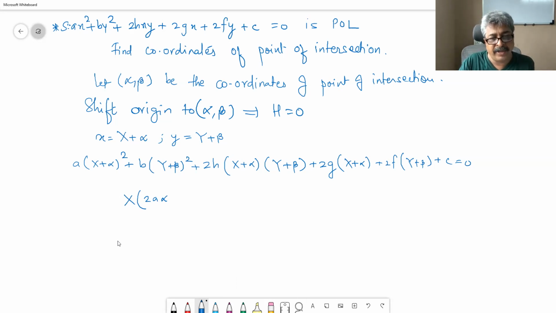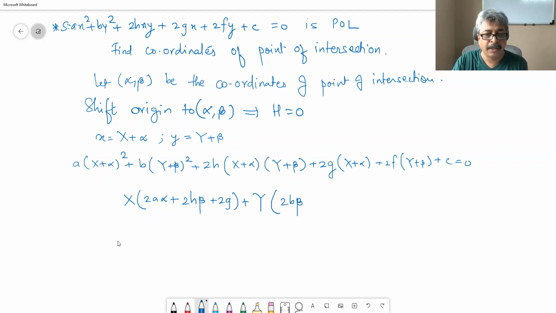Second term we will not have X. Third term we have 2h beta, and we will have 2g, plus capital Y inside the bracket 2b beta plus 2h alpha plus 2f, plus the constant.